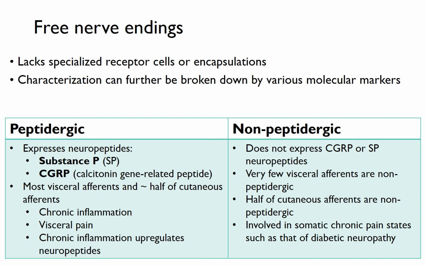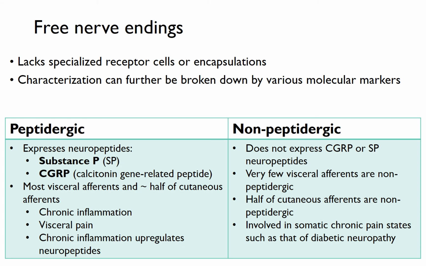The peptidergic nociceptors are so named because they express and release neuropeptides. Neuropeptides are short sequences of amino acids, that's why they're called peptides rather than proteins, that are expressed by neurons, and in this case, by peripheral nerves.